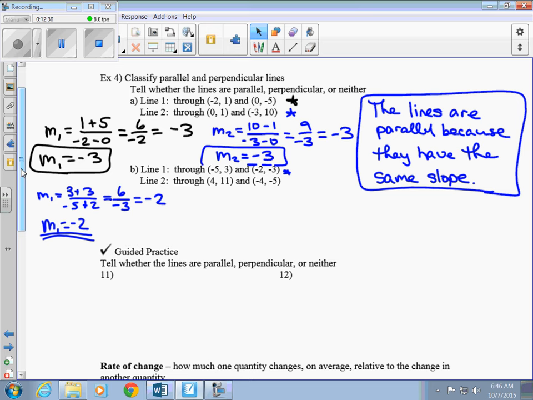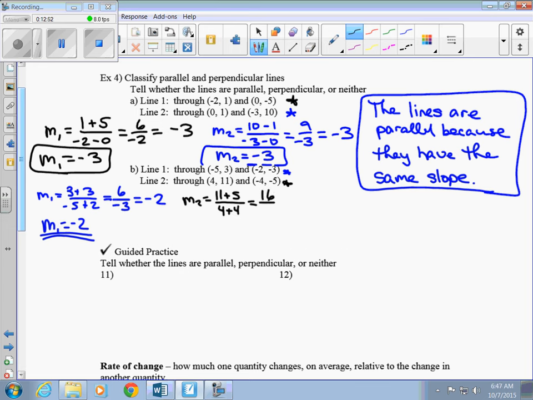We're going to do the same thing with the next point. Slope of 2, 11 plus 5, 4 plus 4. So that one is 16 over 8, which is 2.